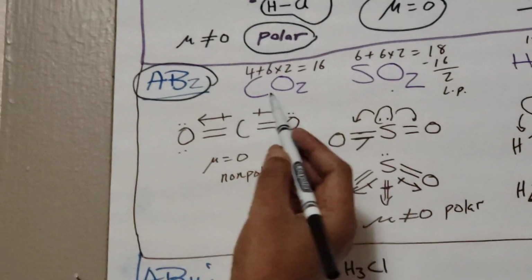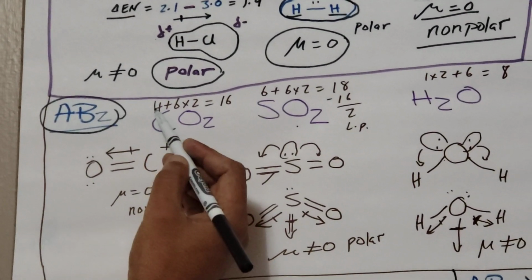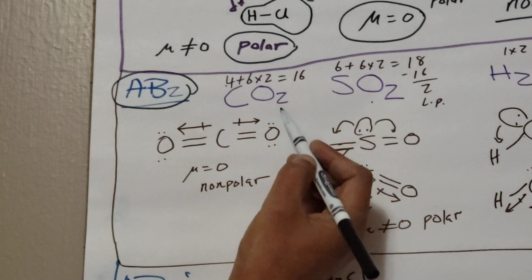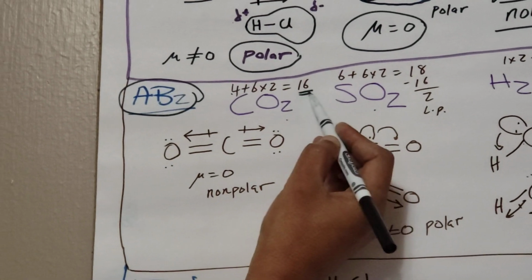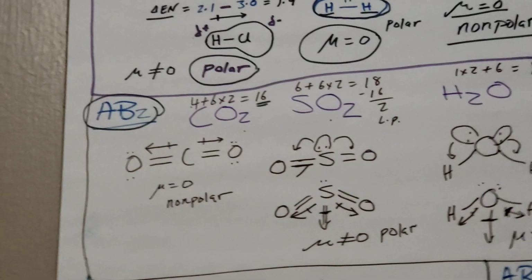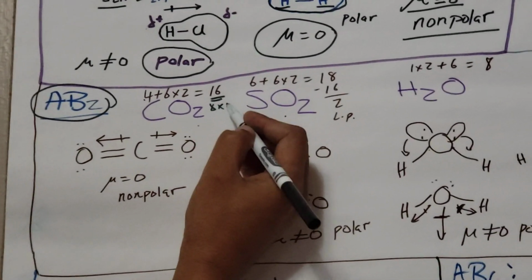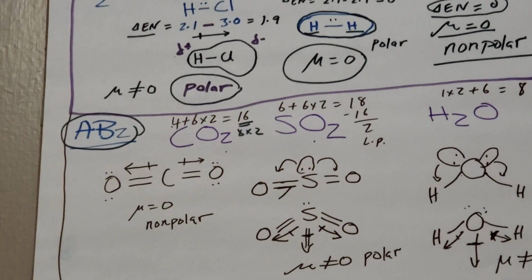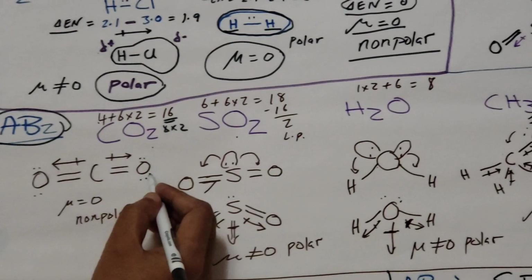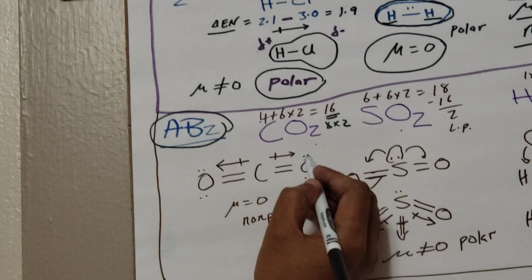If you count the number of electrons, carbon has 4 in the outer shell and oxygen has 6, so for 2 oxygens, the total is 16. 16 is a multiple of 8, so 8 times 2 is 16, so there is no lone pair on the central atom. So this is the structure of carbon dioxide.